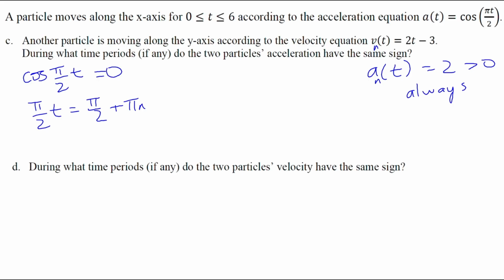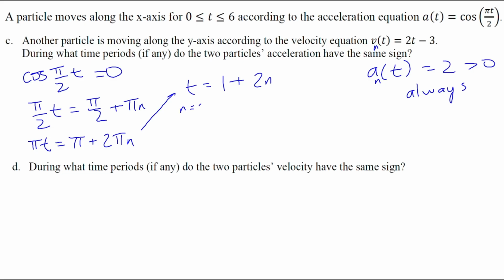They all work. So what we'll do is multiply by 2, giving us pi t equals pi plus 2 pi n. And then we'll divide by pi to give us t is equal to 1 plus 2n. And so anytime that t is equal to 1 plus 2n, that's when this thing changes its sign potentially.